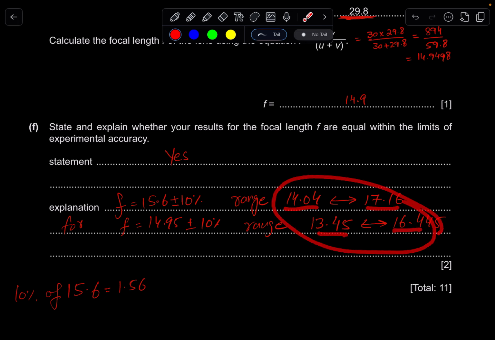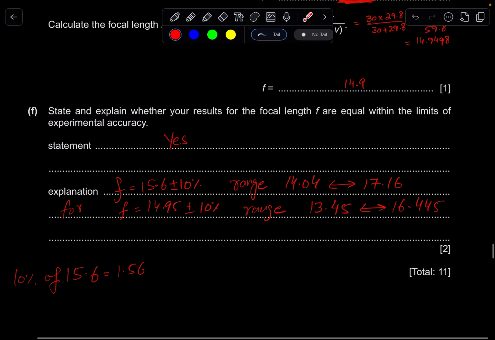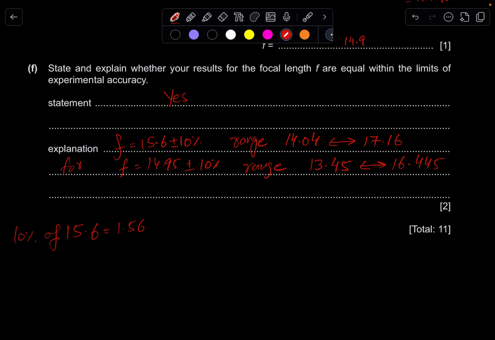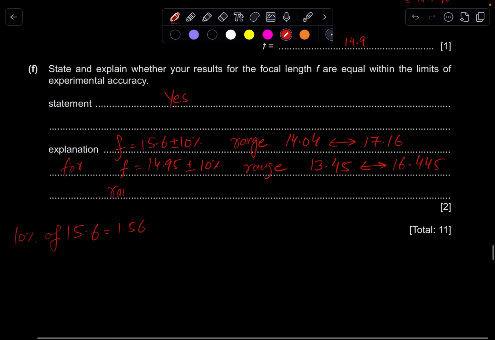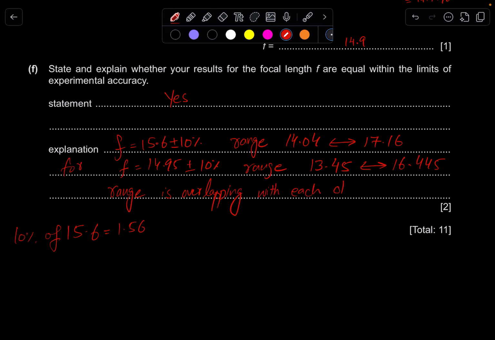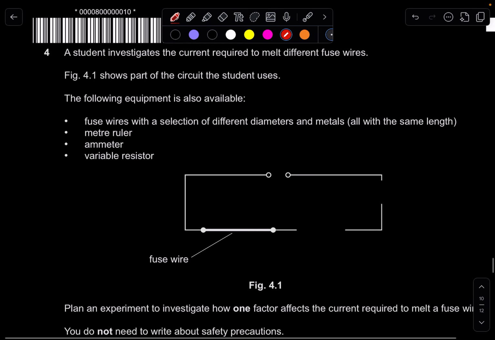So they are overlapping with each other in a few regions, right? So you can say the range is overlapping. Okay, so that is the reason why they are in the range of experimental accuracy.